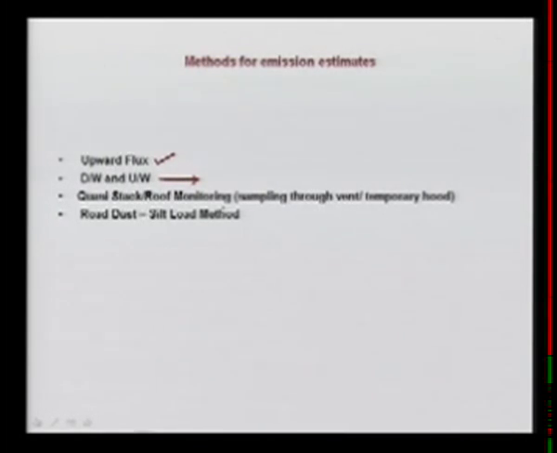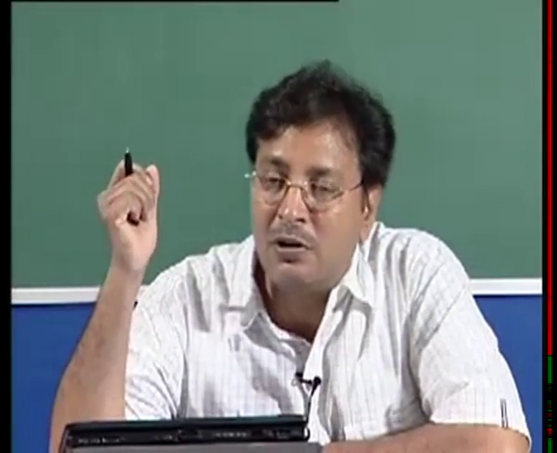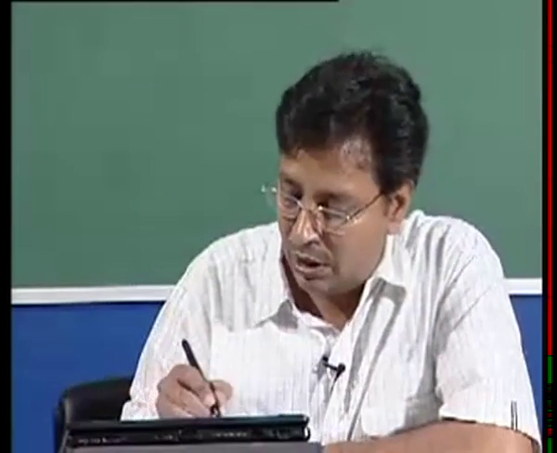Suppose you have a large room with ventilators on the top of the room, and that's where you are having the fugitive emissions. To give a typical example of the Cauchy or roof monitoring, you sample through the vents or provide temporary hoods. A little example you can recall is cement packaging.